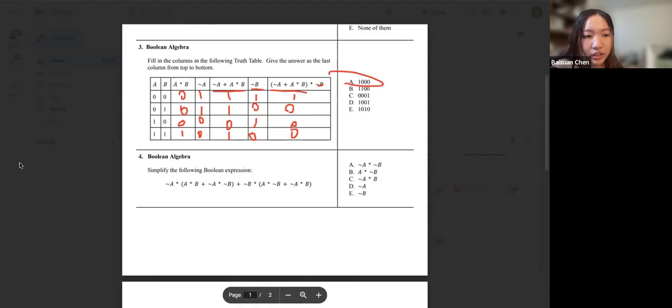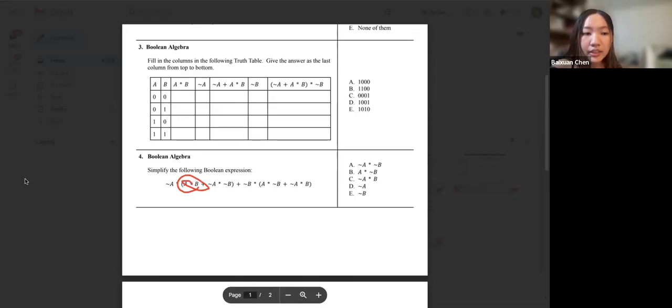And the next one, to simplify, we have not A times B. To simplify it, we want to distribute everything, right? To make it more simple. So when we have not A times A, that automatically cancels out into 0 and you can cross that part of the expression out.